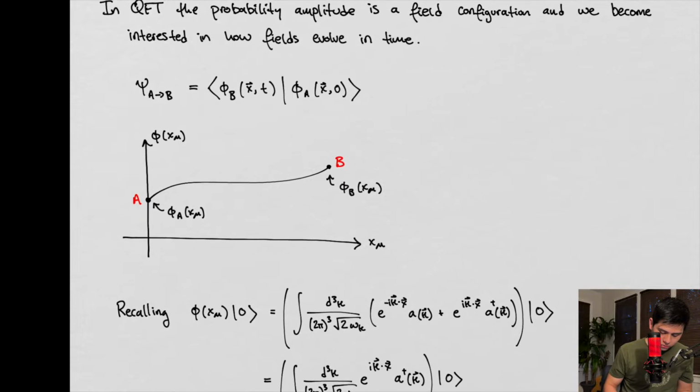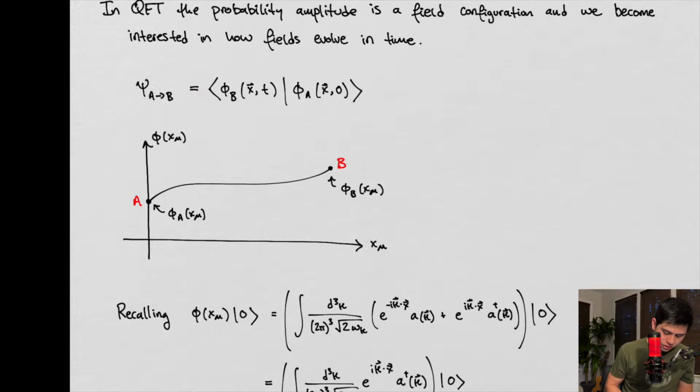So recall that a state going from A to B looks something like this, right? So we have a field at A. This is our field configuration at A at time 0, and our field configuration at B at time t at some space-time point.